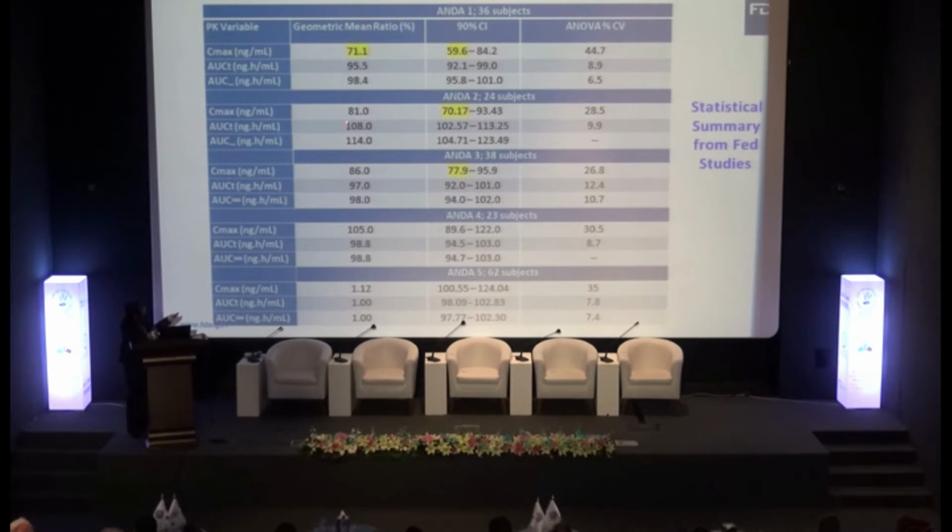Here, the next two, we see the point estimates are marginally passing, but again, the 90% confidence intervals were out. Whereas for these last two, where the starch was a little higher and MCC was lower compared to the reference, we see that the FED study was acceptable.